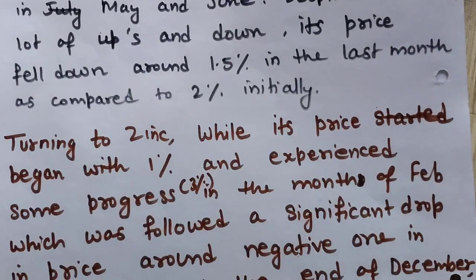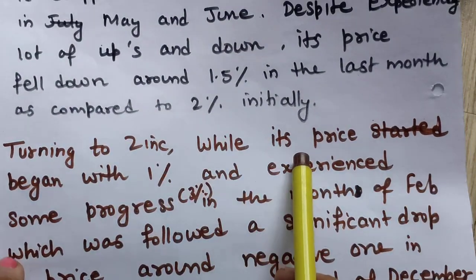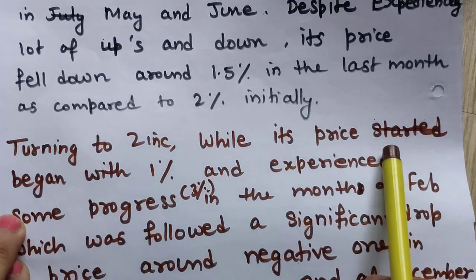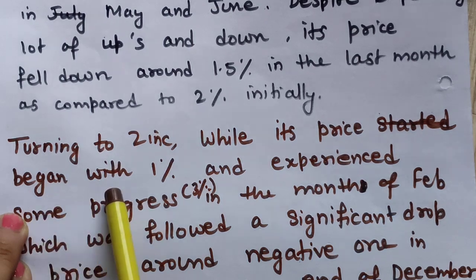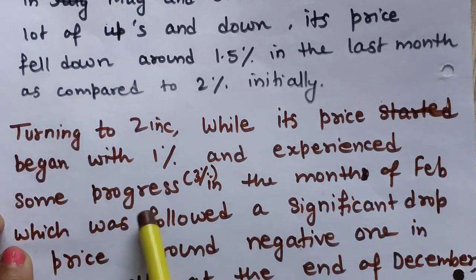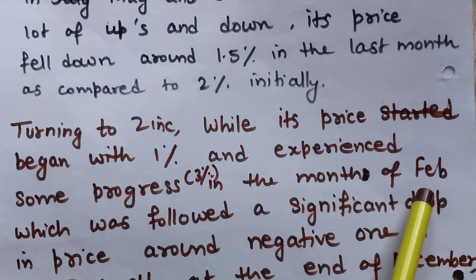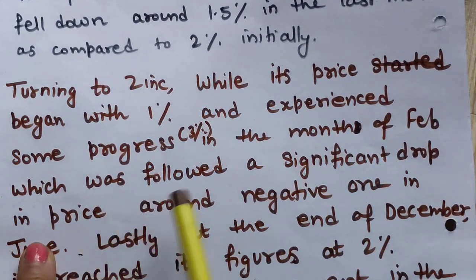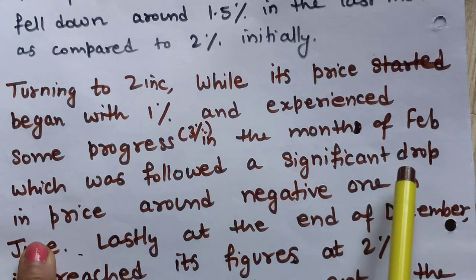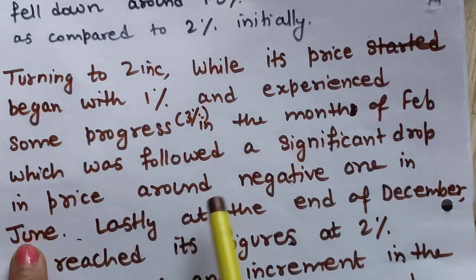Turning to zinc, while its price started, I have already used this vocab, that's why I cut it and wrote began with 1% and experienced some progress 3% in the month of February, which was followed by a significant drop.